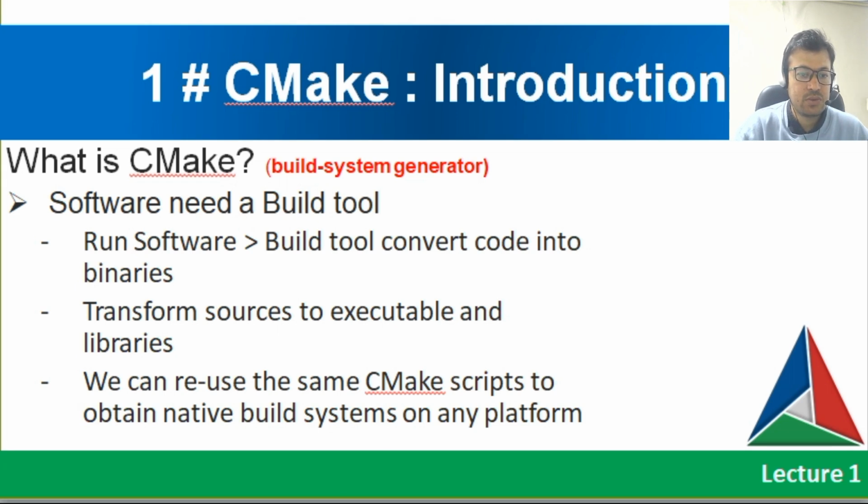While running the code, CMake converts the text, the code syntax, into binaries which the machine can understand. So this is the purpose of the CMake build tool, that through it you convert the code into binaries. There are many build tools available.